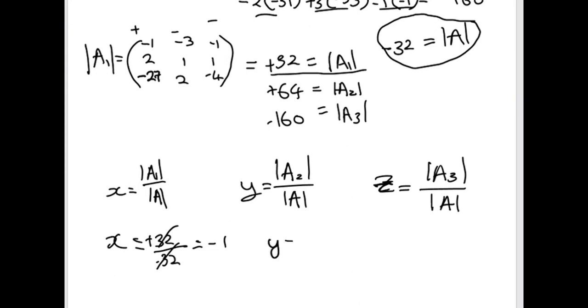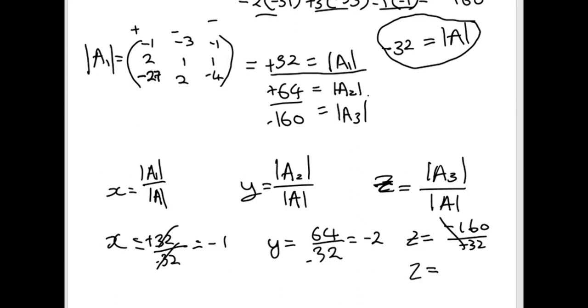My y will be equal to positive 64 divided by the original matrix, which is negative 32. That's equal to negative 2. In my last augmented matrix, negative 160 all over negative 32, negative cancels out. So z is equal to 5.